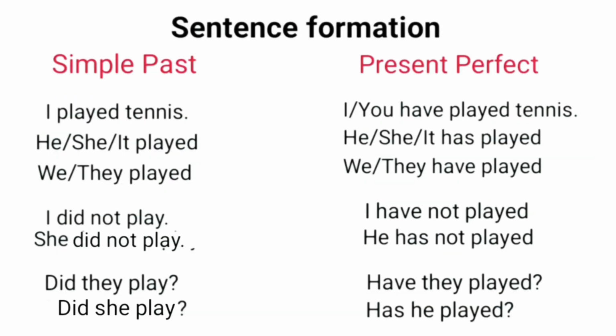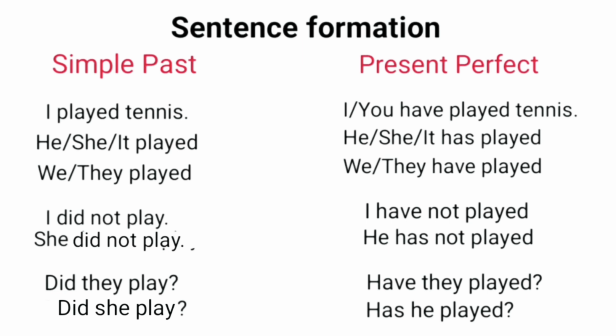Let's compare the sentence formation of the two tenses. In simple past tense, in the positive sentences, I played tennis, she played, he played, we can see that with all the subjects, played is used, which is second form of the verb. In negative sentences, I did not play, she did not play, there is use of first form of the verb play with did.